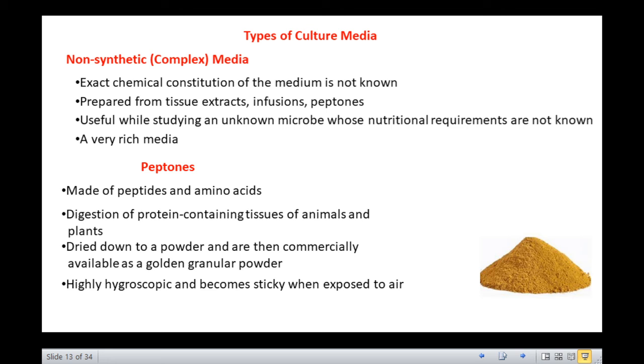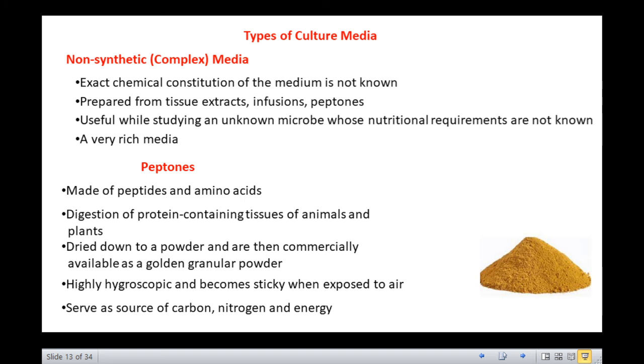Since they are crude digests of complex materials, they contain a great variety of organic and inorganic materials, but they may be deficient in certain minerals and vitamins. Peptones serve as source of carbon, nitrogen, and energy.